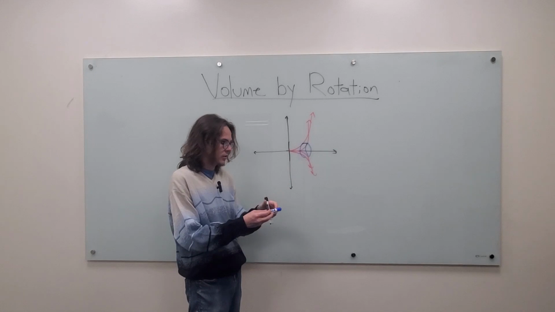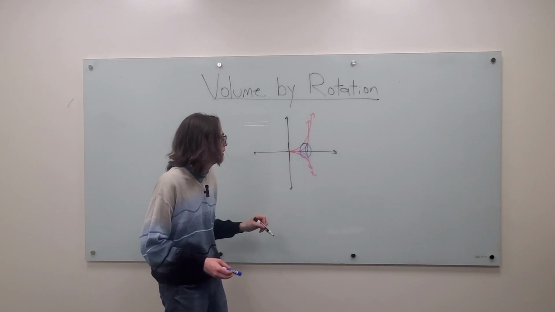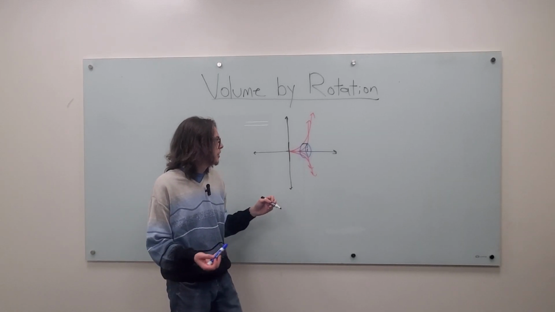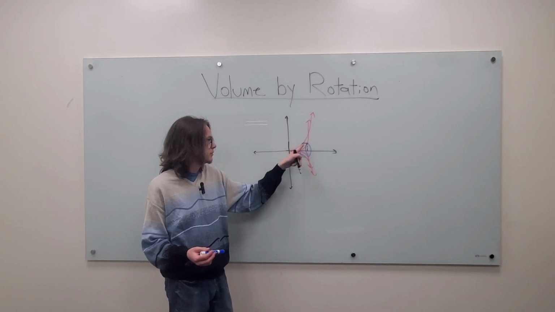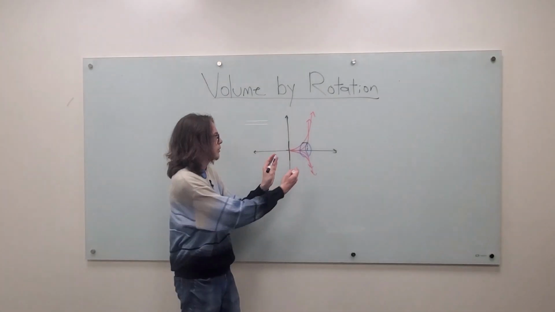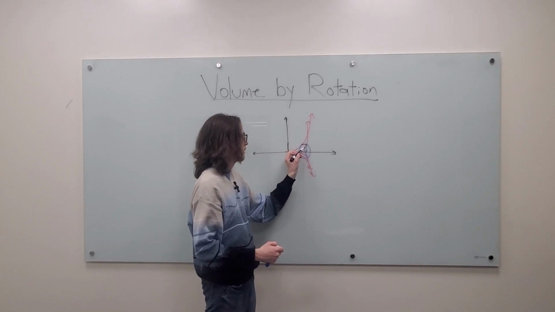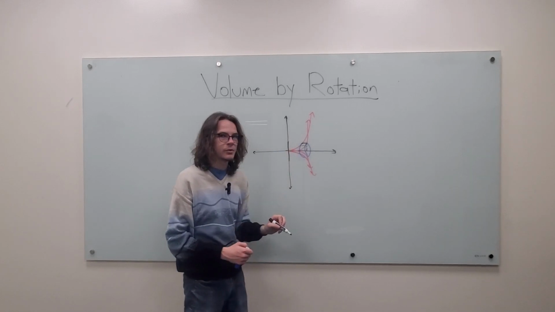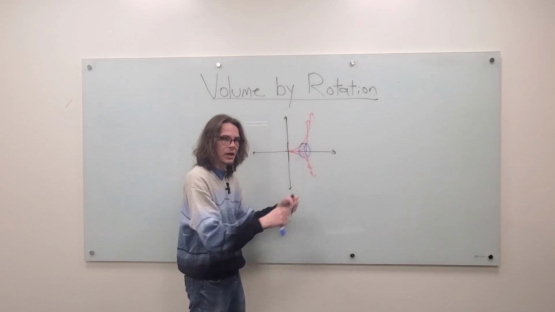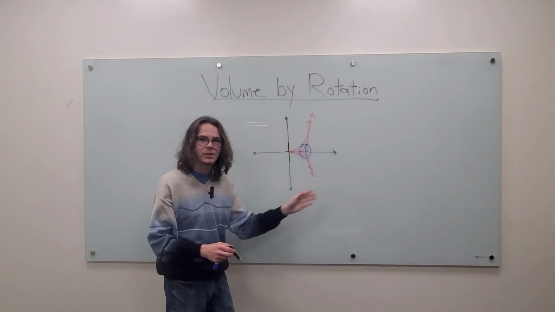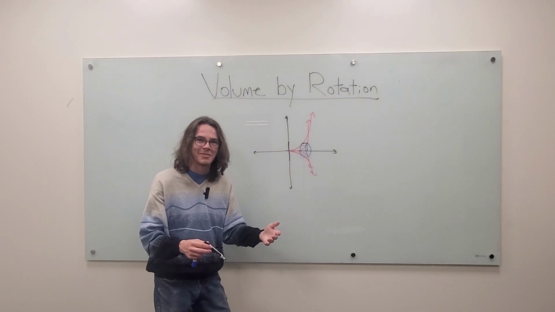And so basically our radius is still going to be this distance here, right? That's going to be the radius of the circle, and that's going to give us our circumference. But then we've got the height of the figure, which is going to be the distance between these two functions, right? So we stack a bunch of circumferences on top of each other, and we sum those infinitely thin cylinders, if that makes sense.